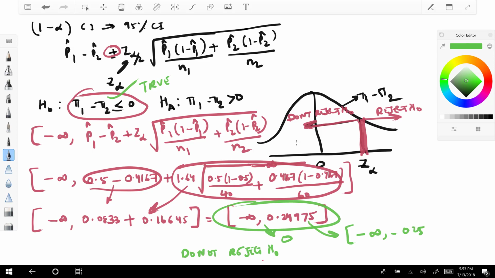Again, the interval would cover pi 1 minus pi 2 less than or equal to 0. We have lower values here, so again do not reject H null. So this is how you solve a confidence interval. This concludes our lecture on comparing two population proportions. Thank you.